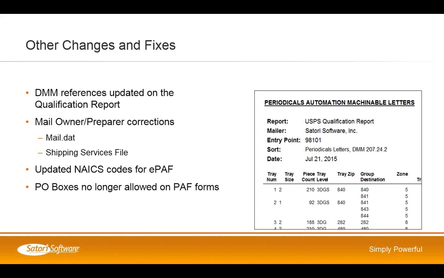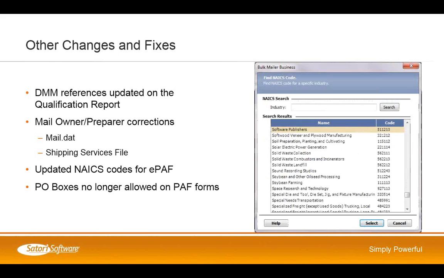The next one is we actually updated NAICS codes. This one's a little bit obscure, but inside of the Move Update, when you sign up for your PAF, your processing acknowledgement form, each year with us to identify that you're going to be using Move Update and signing that you agree to all the terms that the post office has, one of the things you have to fill out is your NAICS code.